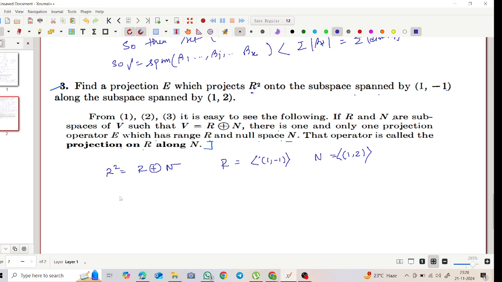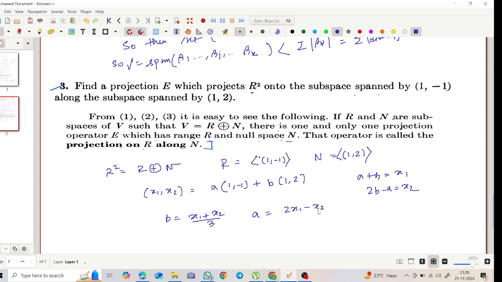So first let (x1, x2) equal a times (1, -1) plus b times (1, -2). Thus you get a plus b equals x1 and 2b minus a equals x2, right? You solve this and get b equals (x1 plus x2) by 3 and a equals (2x1 minus x2) by 3.